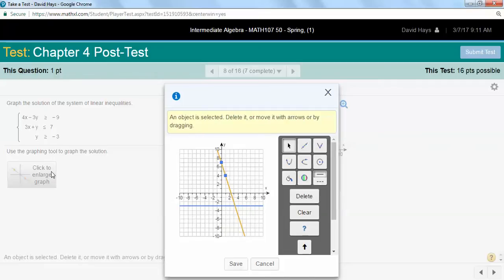Now, other one. This one may be tricky. Is there a way to just plot points?